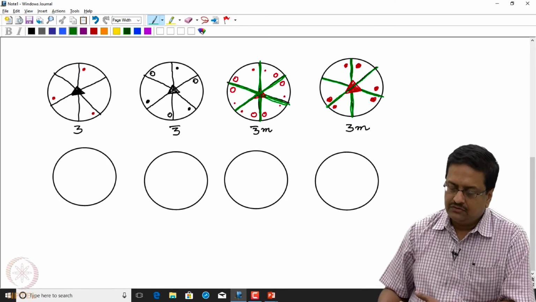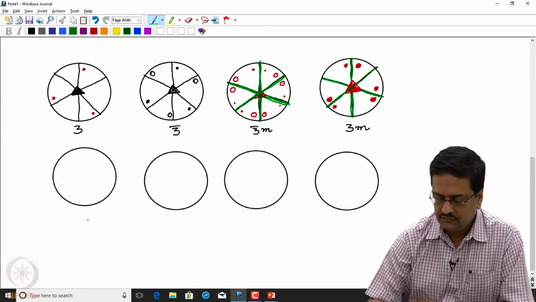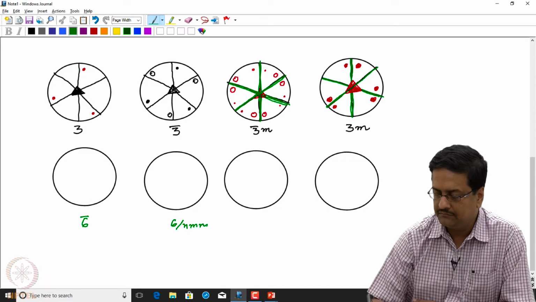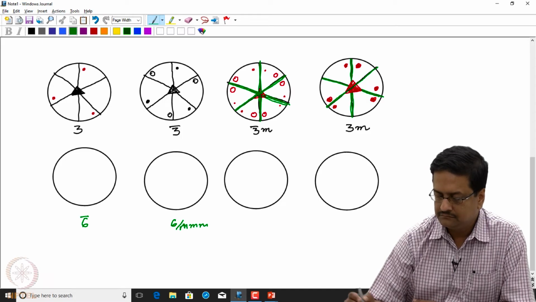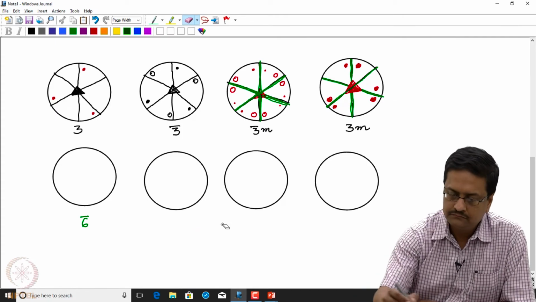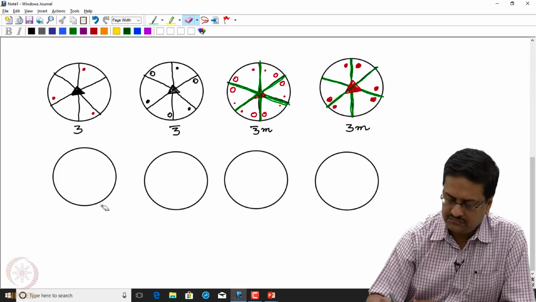Now let us try to draw 2 point groups, 6 bar and 6 by M, M, M. Sorry.